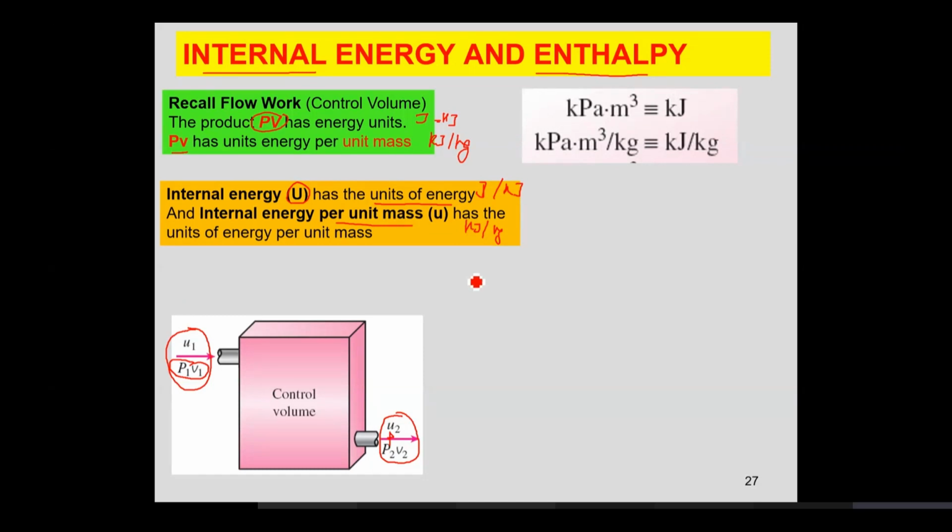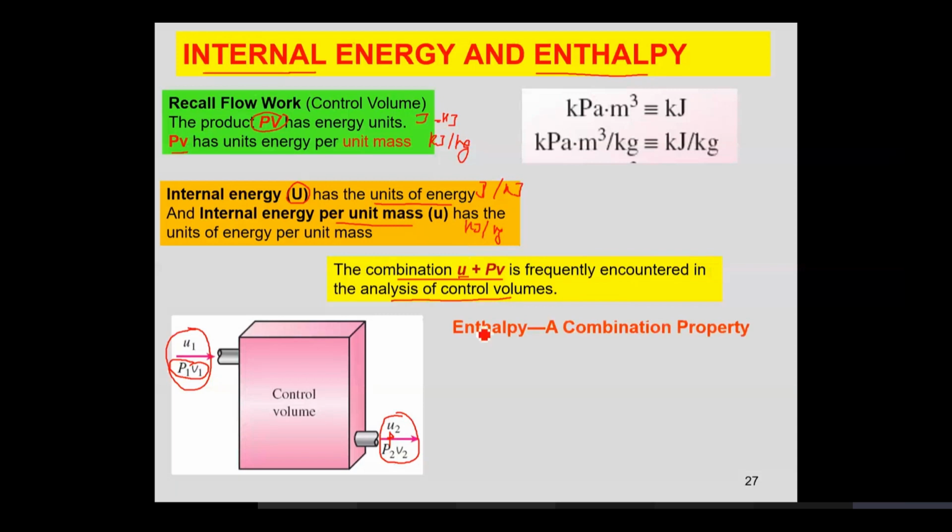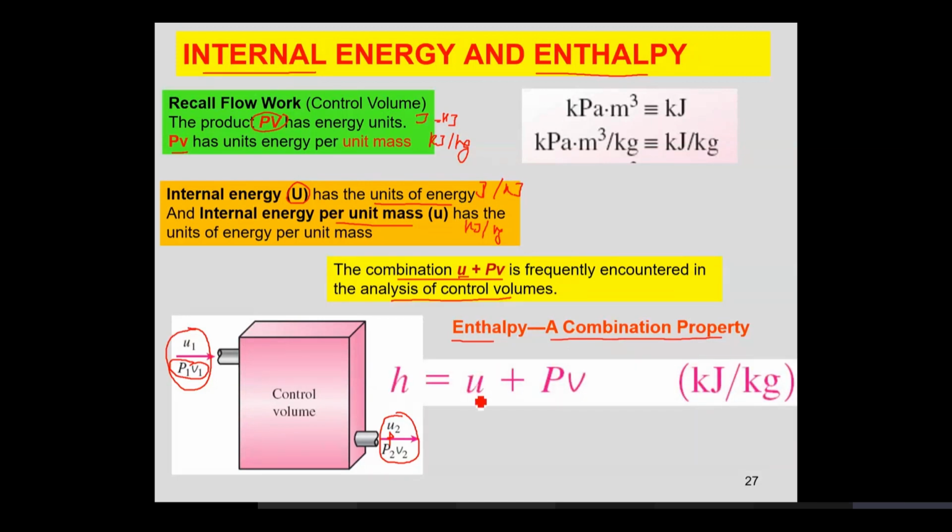In order to make our analysis easier, we have combined these two energies, the internal energy and the flow energy, for the analysis of control volumes, and we have termed this combination of energies as enthalpy. So enthalpy is nothing but a combination property. In this case, it is basically internal energy combined with flow energy per unit mass that gives rise to enthalpy, which is represented by small h for per unit mass and capital H for energy.